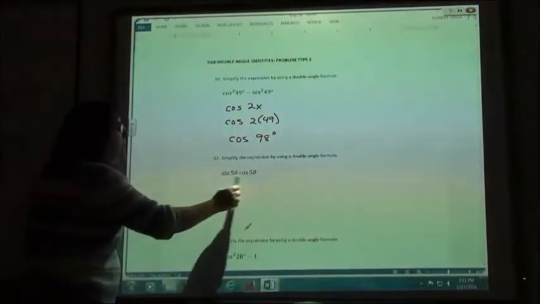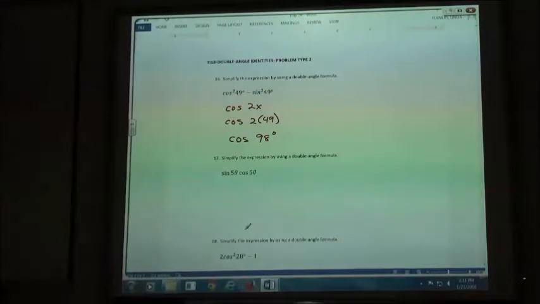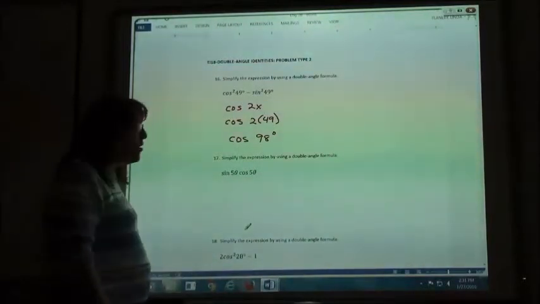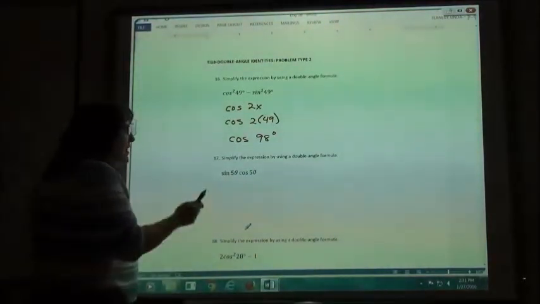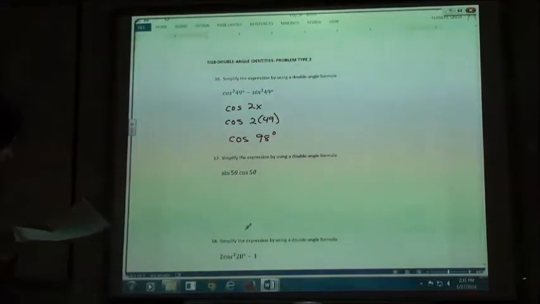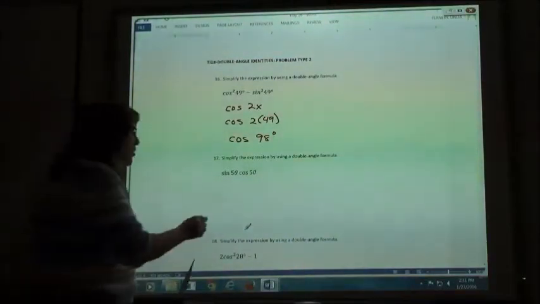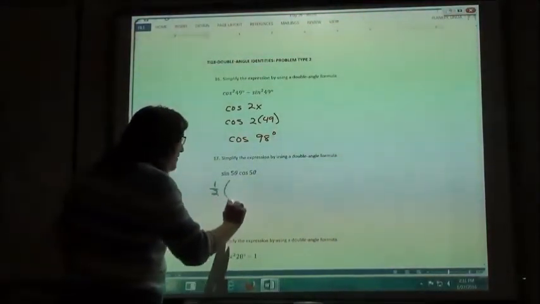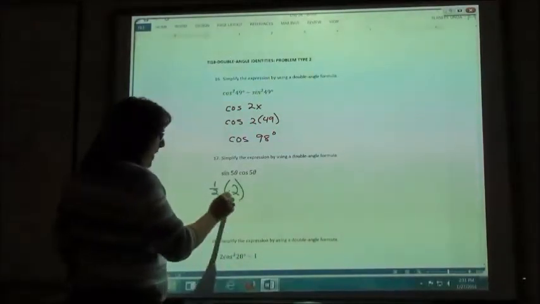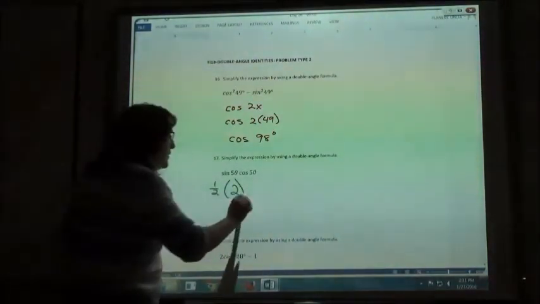Now this one's a little bit different because it sort of looks like my double angle formula, but kind of not, because I don't have the 2 in front of here. So what I have to do is I have to change my formula a little bit, and I have to go like this. I'm going to have 1/2 times 2, so those cancel out.